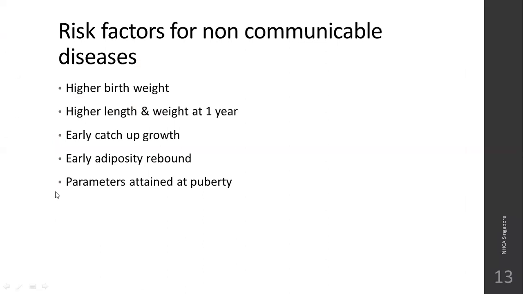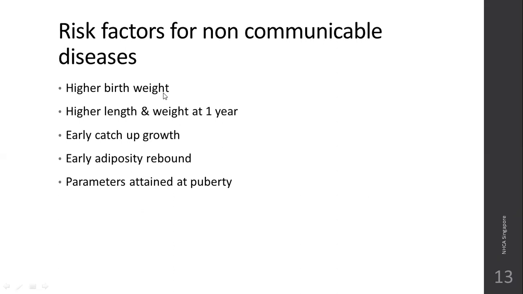The risk factors for non-communicable diseases in constitutionally small babies: higher birth weight. Okay, that is also a risk factor for non-communicable diseases. For example, babies who are obese or born with a much heavier weight have a higher risk of developing cardiovascular diseases later in life, type 1 or type 2 diabetes later in life.